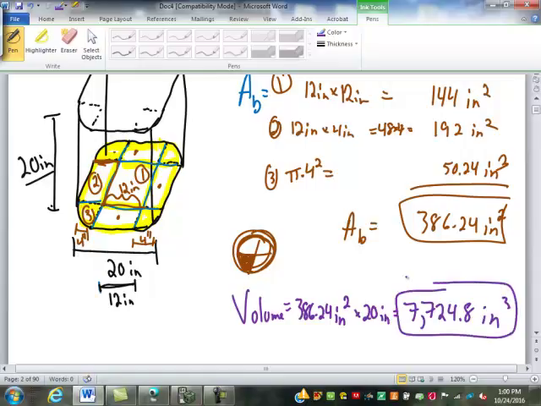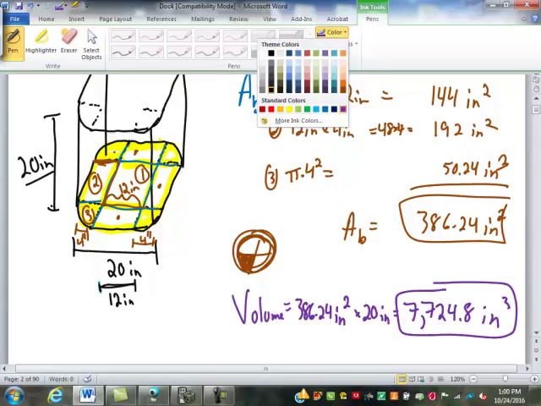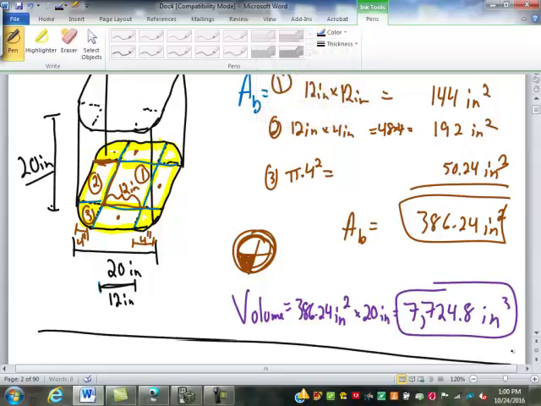So did you get 7,724.8 cubic inches? Good deal. So there's the volume. So really the trickiest part of this is finding the area of the base. If you can find the area of the base, you got the volume. It's just that times the height. Or if it's on that side, it's the distance between the bases.